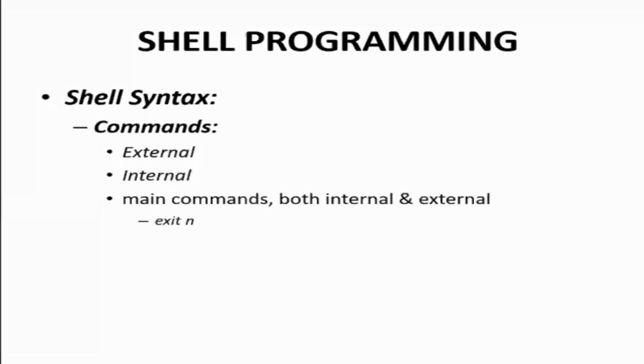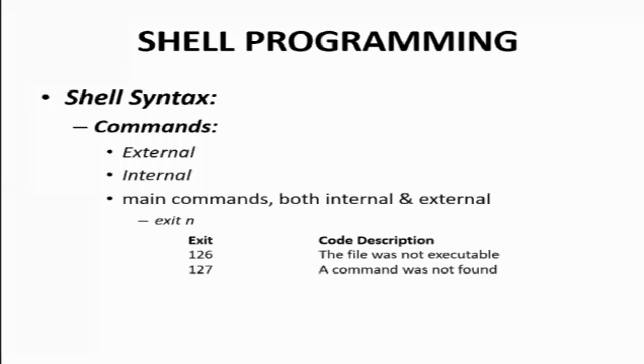The remaining values like 126, 127, etc. have some reserved meaning that I will show you in the table now. 126 describes that the file was not executable, and 127 specifies that a command was not found. 128 and above, any value, describes that a signal occurred.